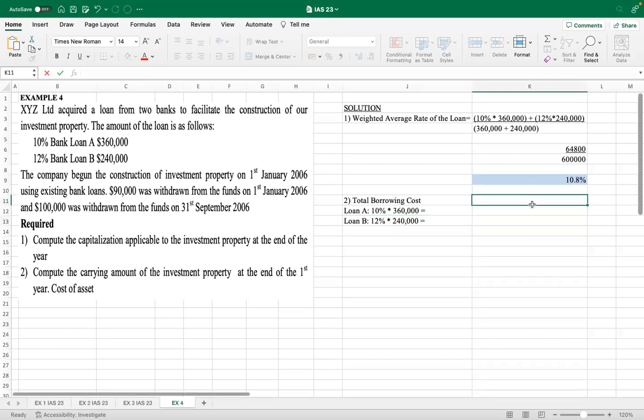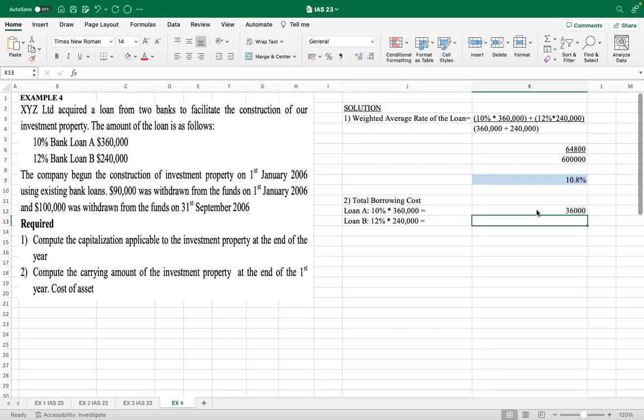So the total interest that you will pay to bank A is 10% times 360,000. To bank B, you will pay 12% times 240,000. So what is the total?